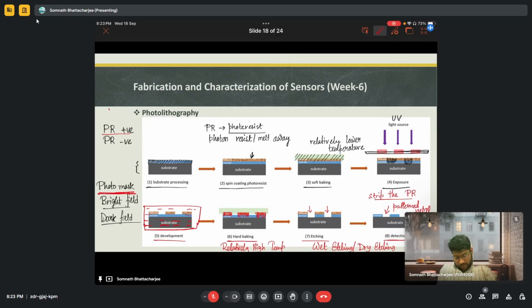So if you want a positive, like a plus pattern, let's say, or maybe I'll change this. If you want a pattern like this, okay, with a positive PR you will get a pattern directly like this. While using a negative PR you will get a pattern that is negative to the pattern we have here.